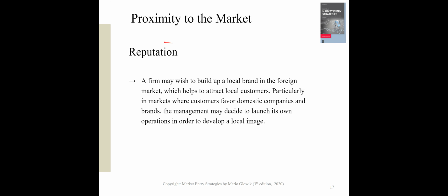We also may think about the value of reputation. A firm may wish to build up a local brand in the foreign market, which helps to attract local customers, particularly in markets where customers favor domestic companies and domestic brands. The management may decide to launch its own operations locally in the foreign target market in order to develop a local image.